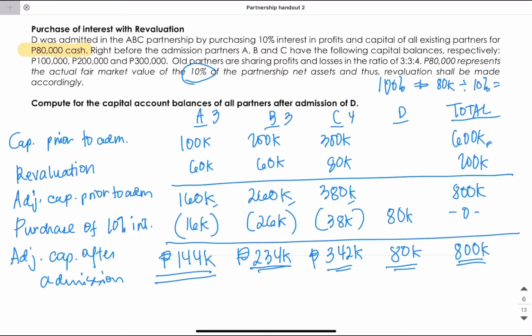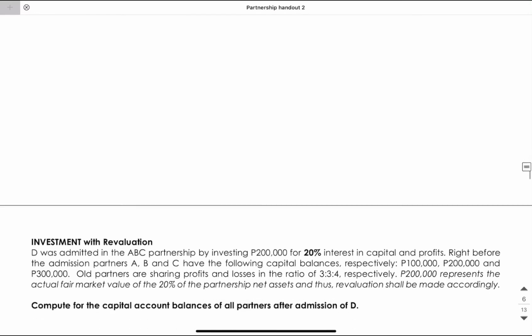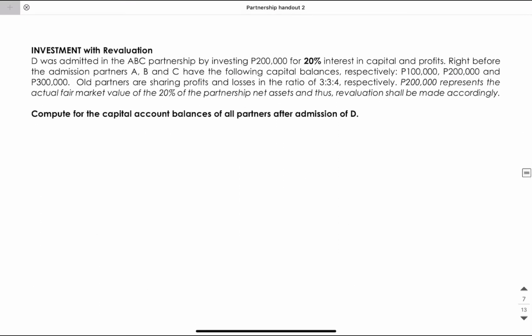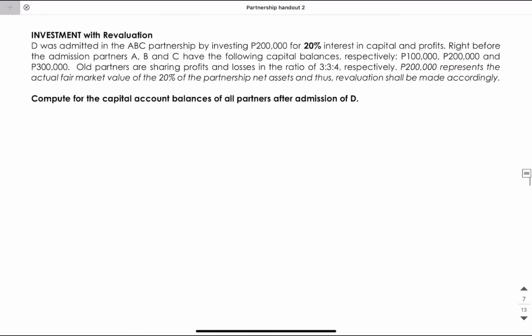Next, let's illustrate a problem related to investment, and again with the effect of revaluation. So D was admitted in the ABC partnership by investing 200,000 for 20% interest in capital and profits. Right before the admission, partners A, B, and C have the following capital balances respectively. So 100,000, 200,000, and 300,000 again.